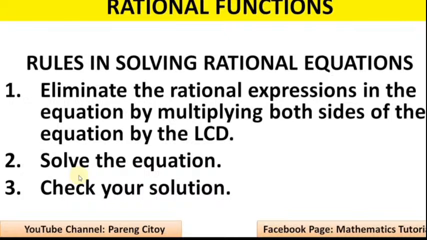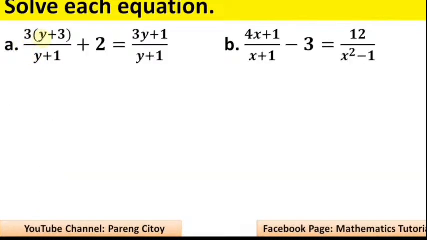So for example, 3 times the quantity of y plus 3 over y plus 1 plus 2 equals 3y plus 1 over y plus 1. So we will find the LCD. So our LCD is, tingnan natin, kopyahin muna natin yung given.